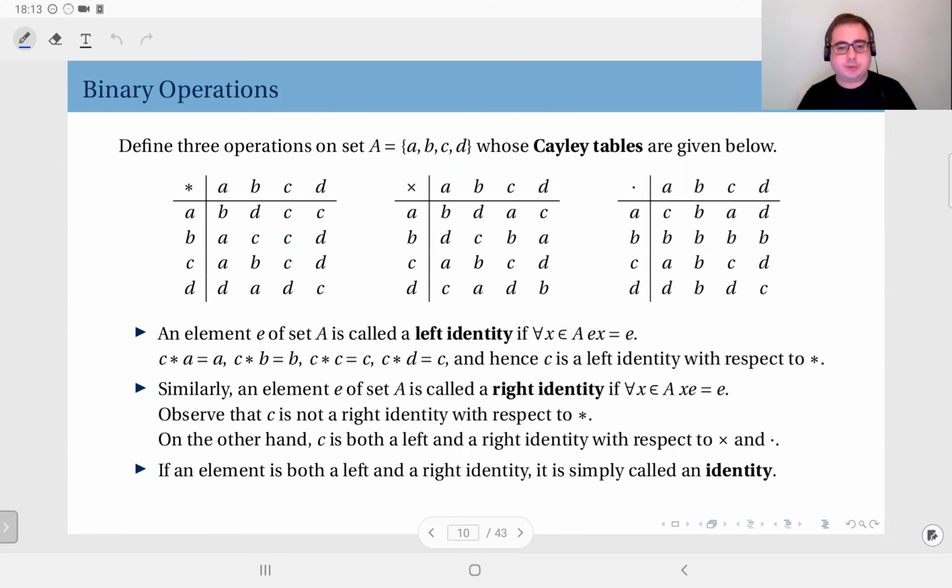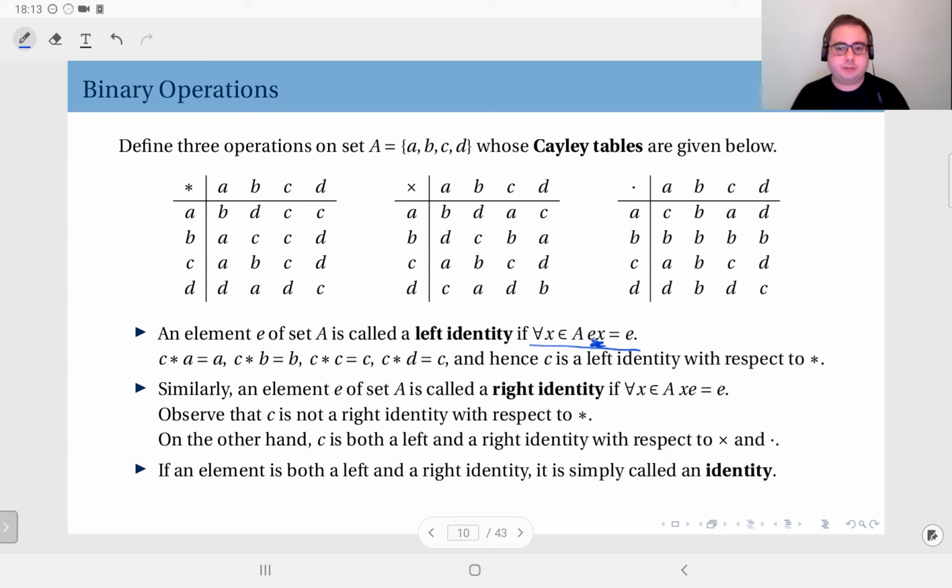Looking at the Cayley tables, we can make some definitions. First, we talk about identities. An element E of a set A is called a left identity if this holds: if this element, when multiplied from left by all other elements, gives the result... I'm saying multiplied because I dropped the symbol altogether in this notation, but remember, this is quite important, it's an abstract multiplication. It's not the multiplication we know of.